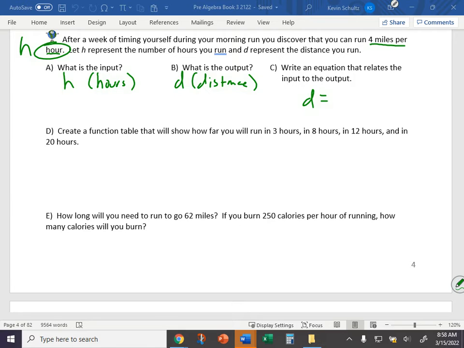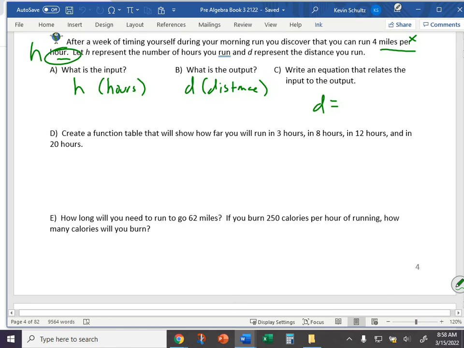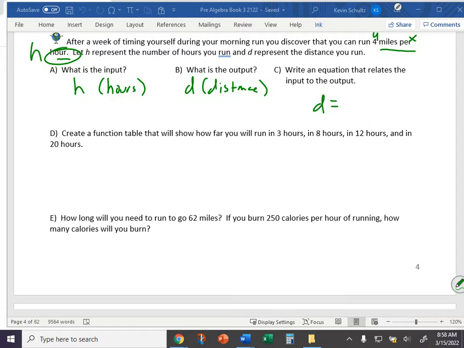It means we're multiplying. So 4 miles per hour, if we kind of break that down a little bit, this is multiplication, right? Here's our 4. 4 miles per hour, 4 times h.